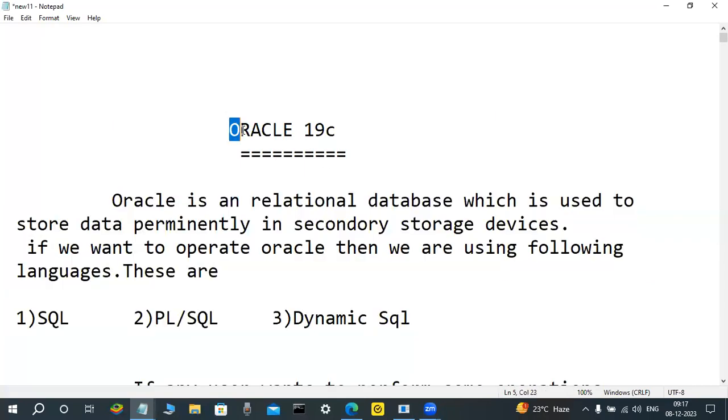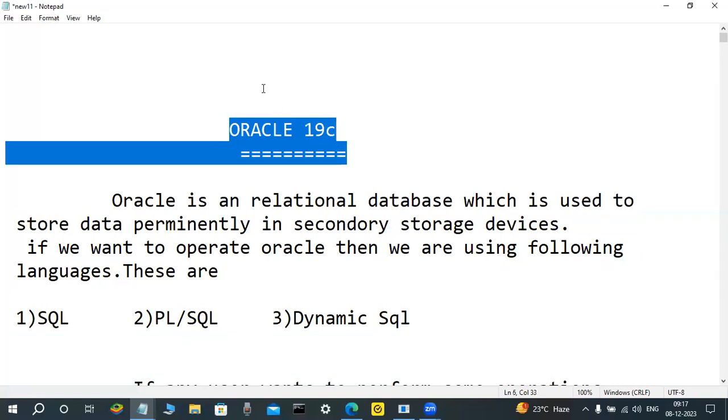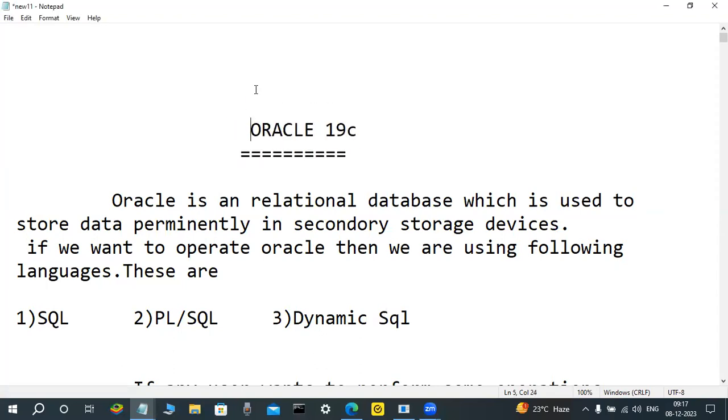First, write it. Main heading, Oracle 19C. Write this theory.